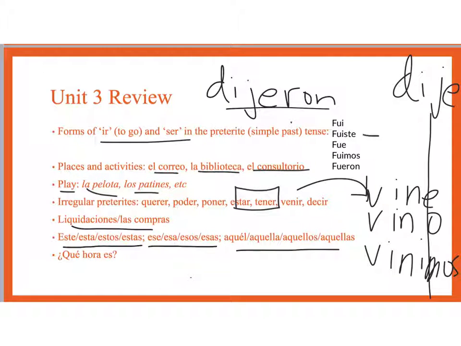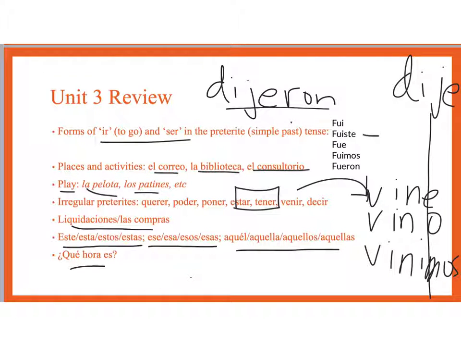So este or estos, esta, estas means this or these, so they're close to me and the speaker. Ese, esa, esos, and esas means that over there that's close to you, in my perspective. But aquel it's far from both of us. So that's the difference with those. So aquel is the furthest away.